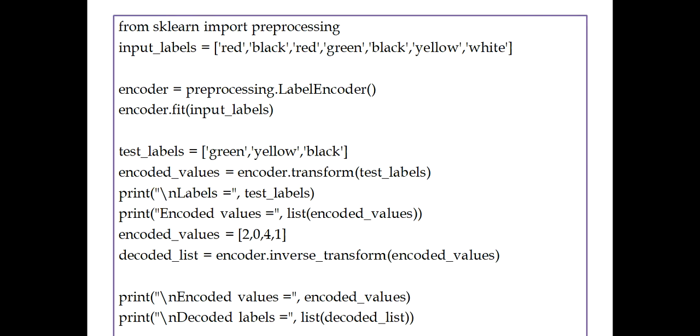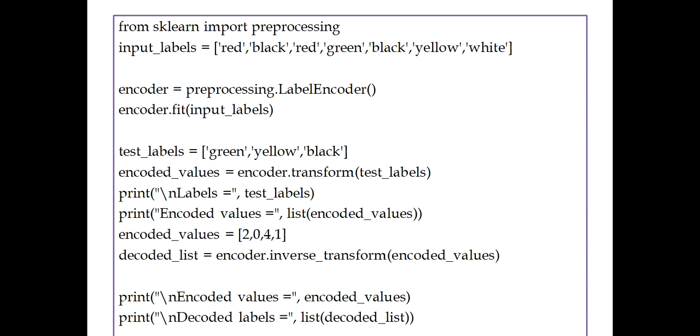Print labels equals test_labels, so we are printing the test labels. Now let's print their encoded values: print encoded values, list(encoded_values). I'm using list.